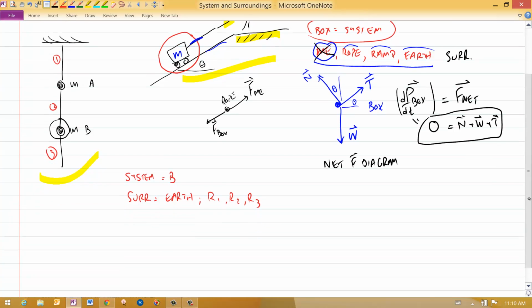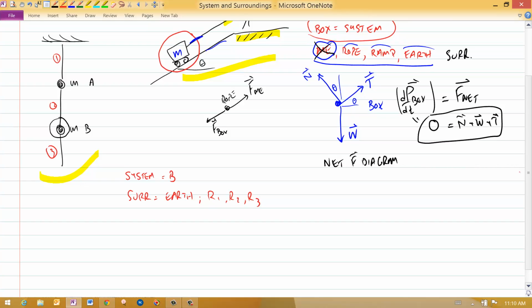And they've all got the possibility to be on the net force diagram. So now let's make the net force diagram for B. So there is the mass. It's got a mass M, and I'll just put off to the side here that we're talking about B for the system. Now here's the system boundary. I sketched it in right there. The only things that are crossing the system boundary, there is a force from rope 3.